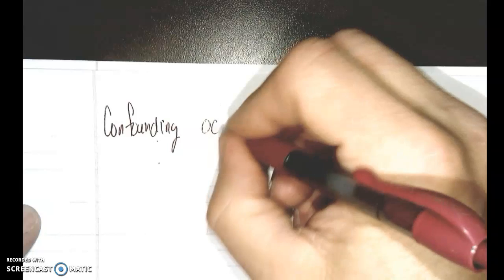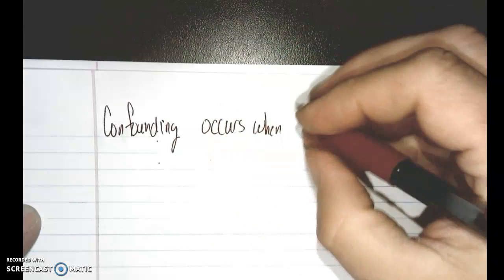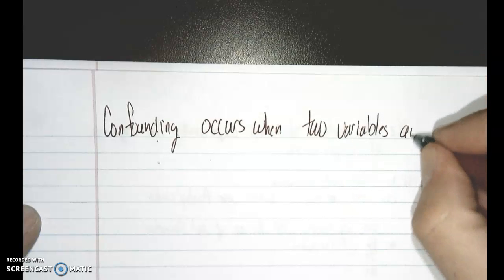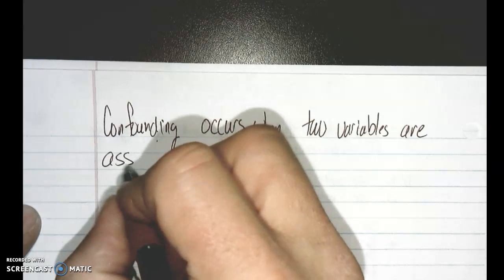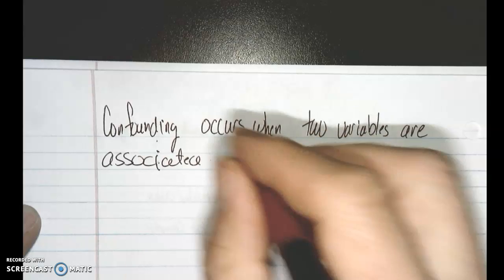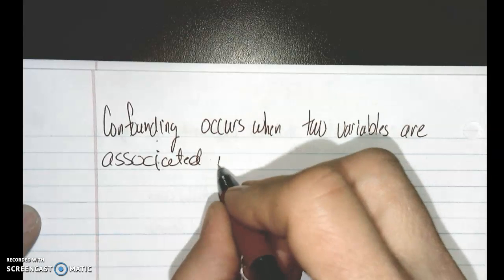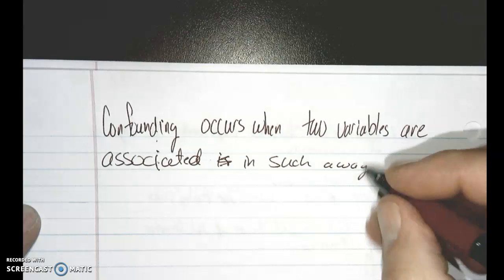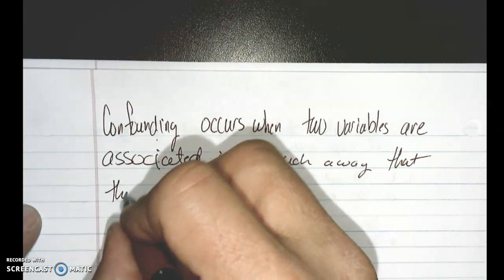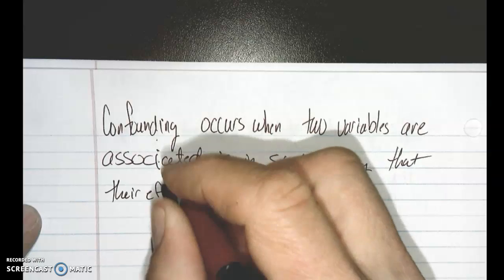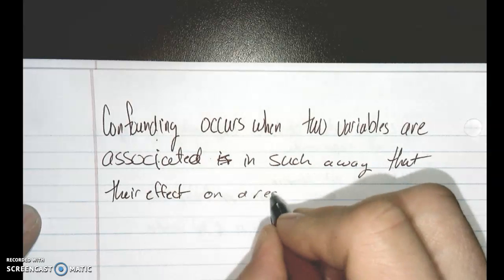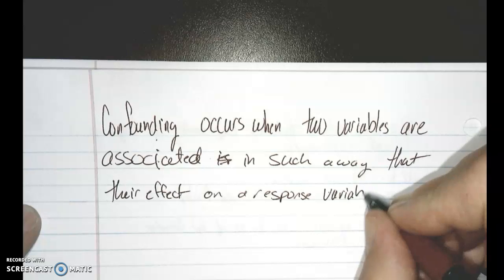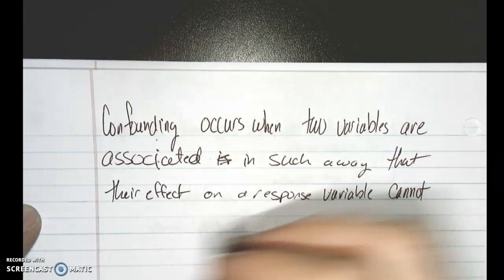And this occurs when two variables are associated in such a way that their effect on a response variable cannot be distinguished from each other.